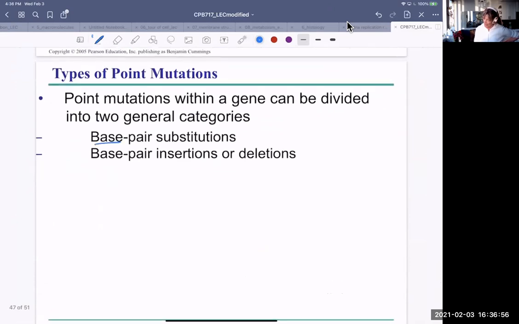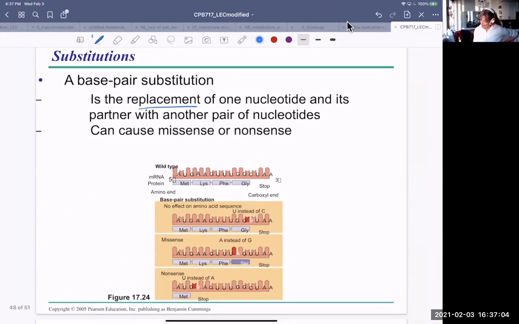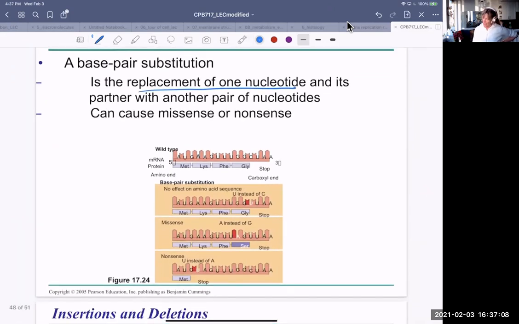So there can be base pair substitutions, base pair insertions, or deletions. A substitution is the replacement that we just saw. It can cause either missense. Missense is what happens with sickle cell. So you still get a protein, but it doesn't make a lot of sense.